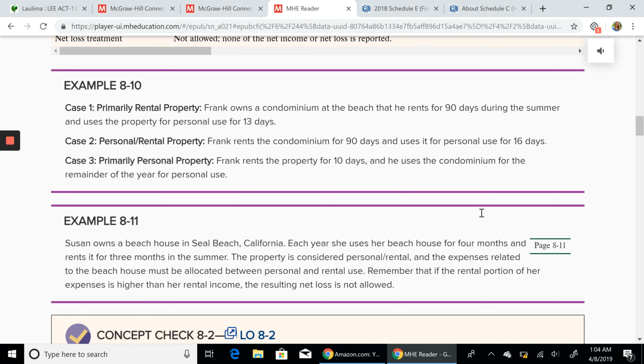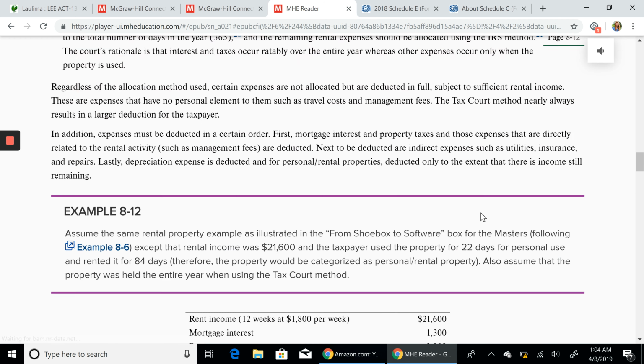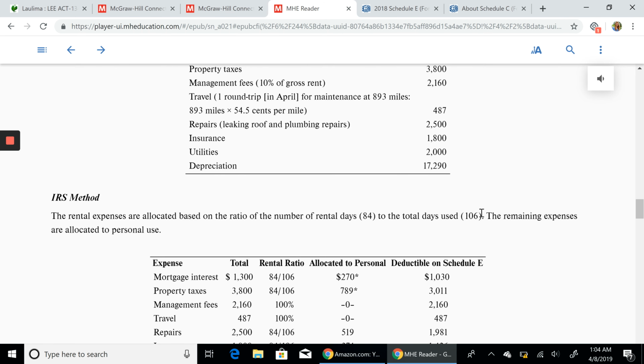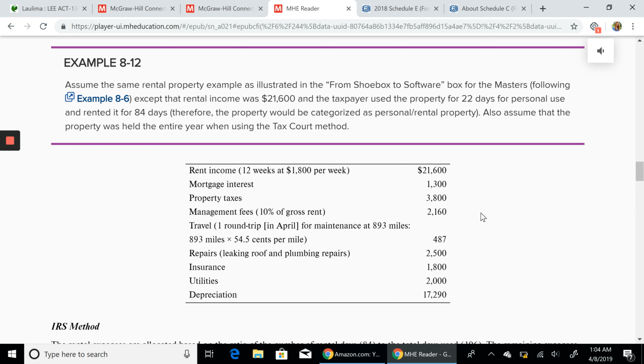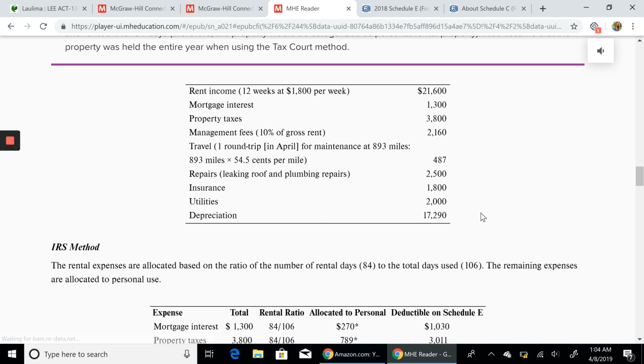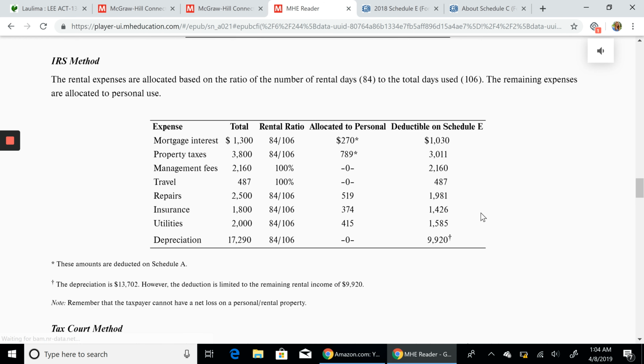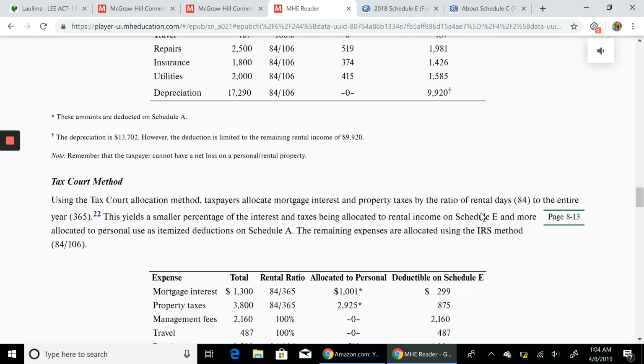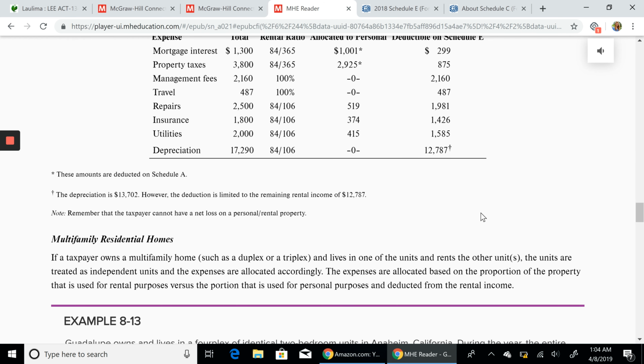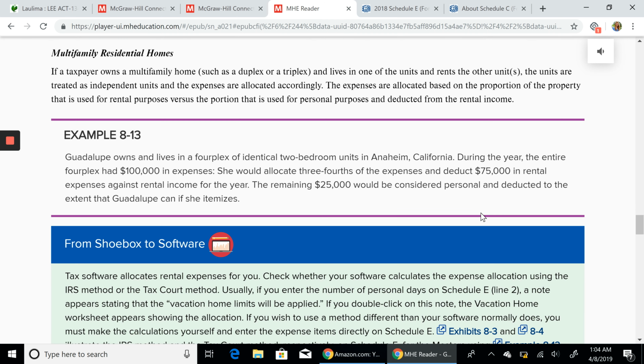Okay, there are some last little concepts you can read through. There is a difference in allocating the expenses by days in the year, which is what these 2 methods go through here. It's really interesting.